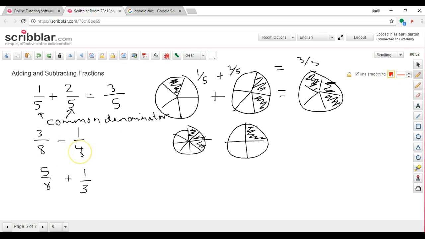It's good to look at the lower number, the 4, and see if there's any way you can multiply it to make an 8. So what could we multiply this 4 by so that we get 8? And then we'll have that same common denominator. So what do we multiply 4 by so that we would end up with an 8?